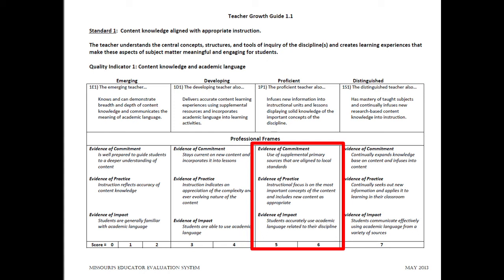The indicators combine evidence of an educator's commitment, practice, and their impact on student learning to constitute a determination of educator effectiveness. Measures of growth in student achievement are included as one of a set of balanced measures used to determine overall educator effect. Measures such as those provided through the use of SLOs provide evidence of impact.